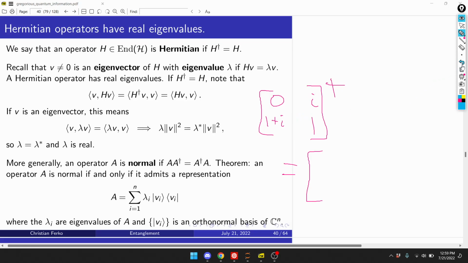So I flip these, which gives me 0, 1 plus i, i, 0. And then I do a second thing, which is everywhere I see the number i I put a minus sign in front of it. So this is now minus i and 1 minus i. So that's what dagger does. It flips and replaces i with minus i. Oh, thank you. Useful. Good.